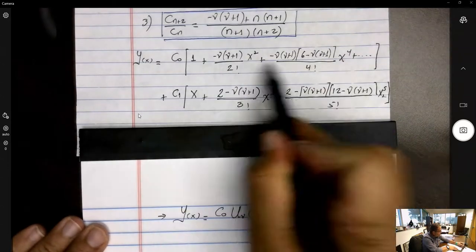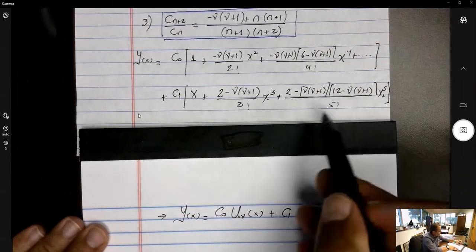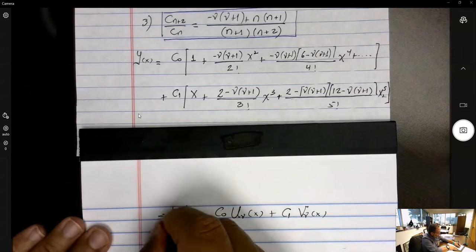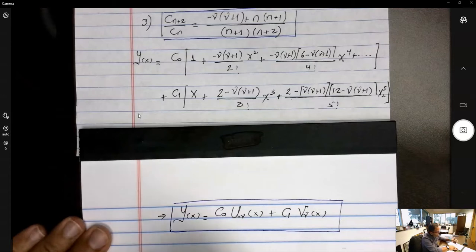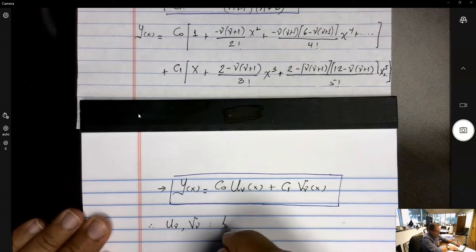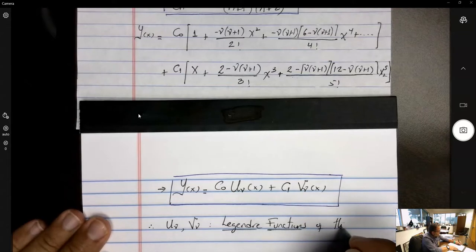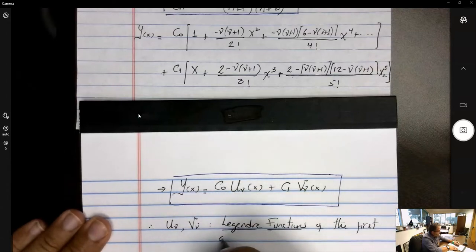So this function here with even terms is called the u function, and this function here with odd terms, or odd coefficients, or odd powers, is called the v function. And u nu and v nu are the Legendre functions of the first and the second kind.